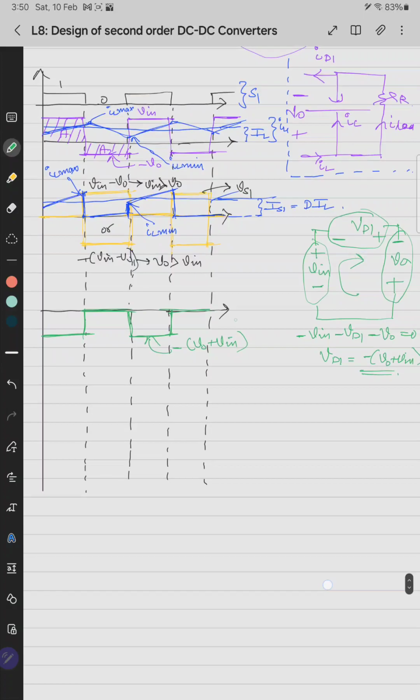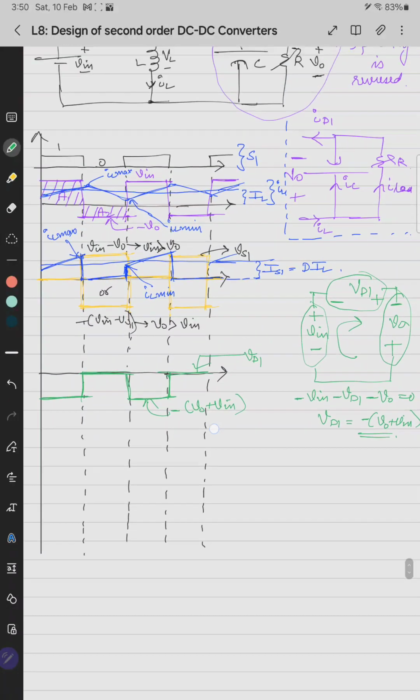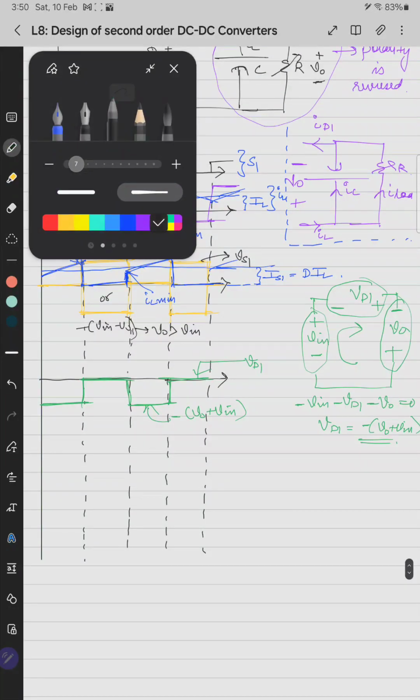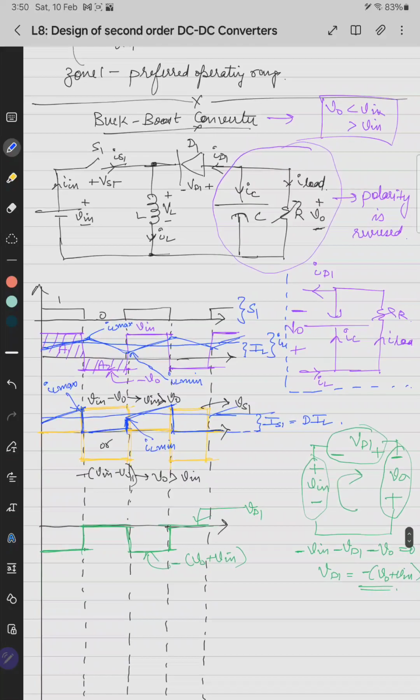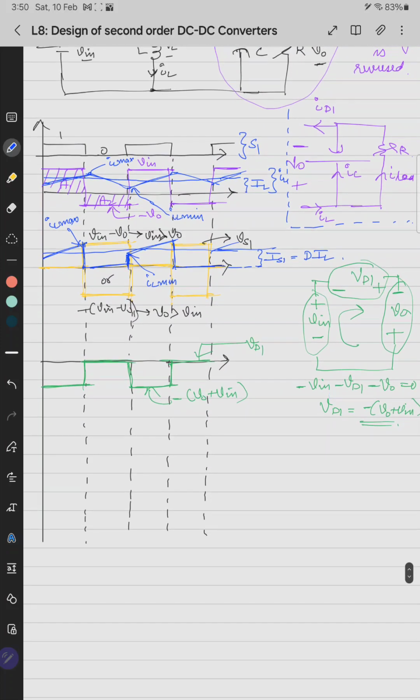So this is the waveform of VD1. Now how will ID1 be? It will be similar to the inductor current again. If the switch is on, diode current is 0, and if the switch is turned off, diode current is on. So in that case, inductor current equals the diode current. So it will be like this.